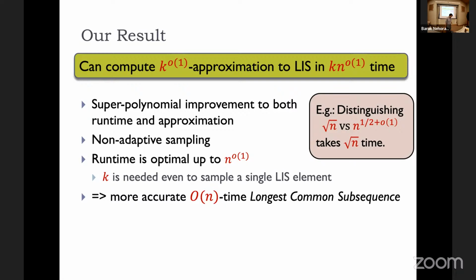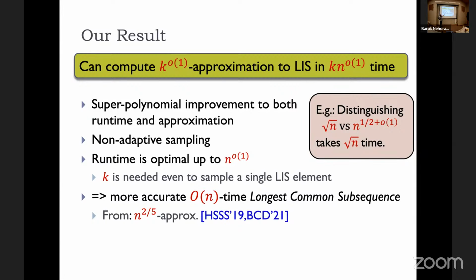And as a post-realization, it turns out that there is a black box reduction from the sublinear time LIS problem to computing longest common subsequence in linear time. In particular, computing or estimating the longest common subsequence between two strings in linear time has been studied recently. Only recently there have been some non-trivial approximations.